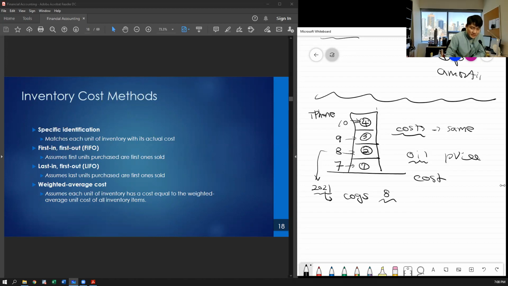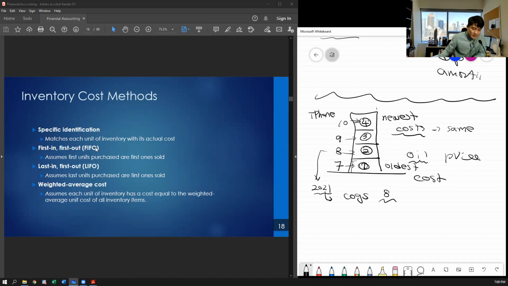What that means is that since this number one stack is the oldest stack, and this number four is the newest stack, if a company adopts this first in, first out approach to measure the cost of goods sold, the company will assume that number one stack was sold first.